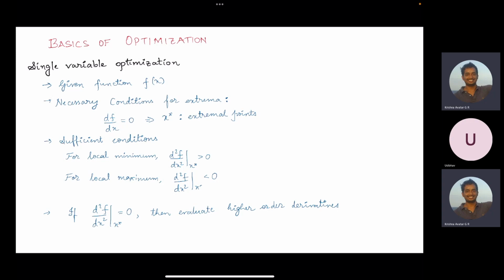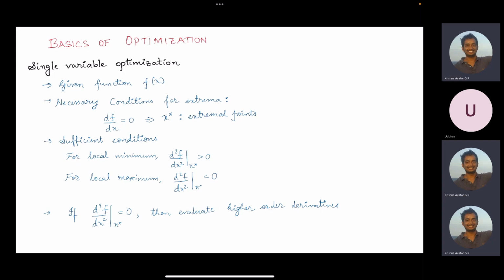Now, it may happen sometimes that our second derivative becomes zero. In this case, we need to resort to finding higher order derivatives, evaluate them, and seek those derivatives which are non-zero.